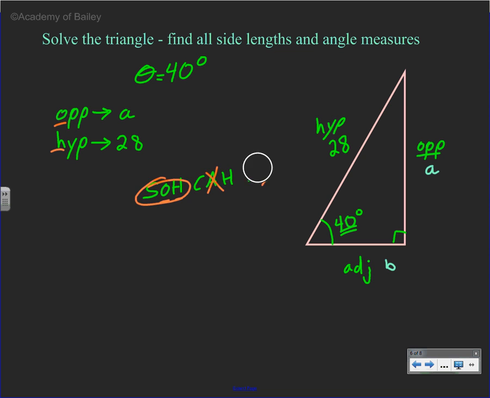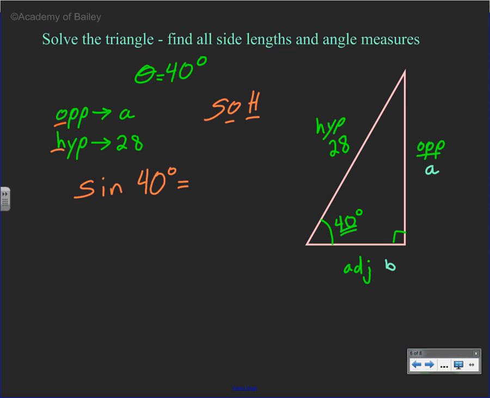So we're going to be using sine in this case. Sine of theta, which is 40 degrees, is equal to the opposite over the hypotenuse. Opposite is A. Hypotenuse is 28.